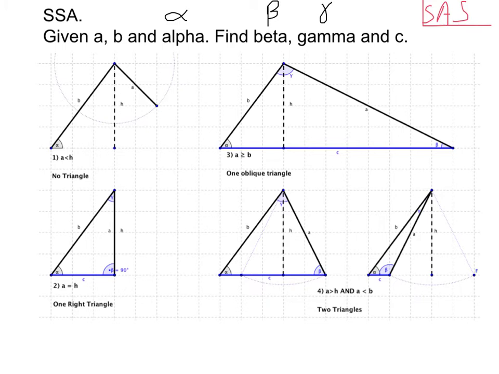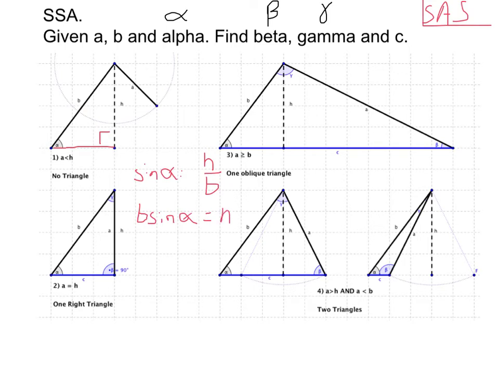Now if we look at our picture here, A and H, if I form a little right triangle here with the height, we know the height is perpendicular to that side, then the sine of alpha would equal opposite, which is H, over hypotenuse, which is B. And so B sine alpha, my alphas are not good here today, is equal to the height.